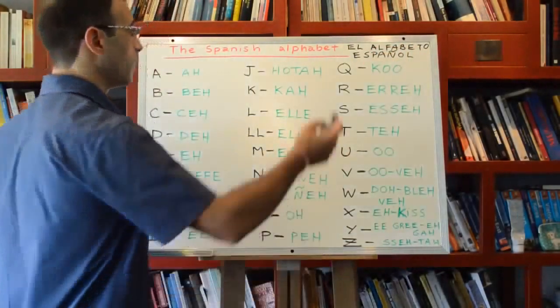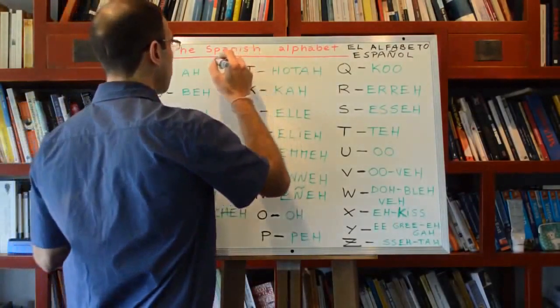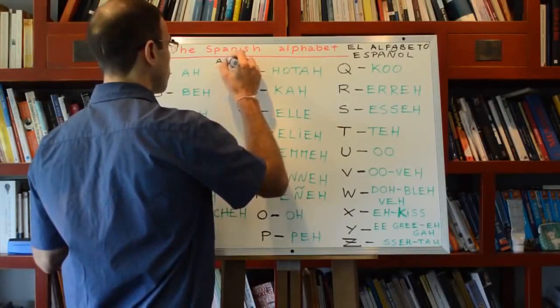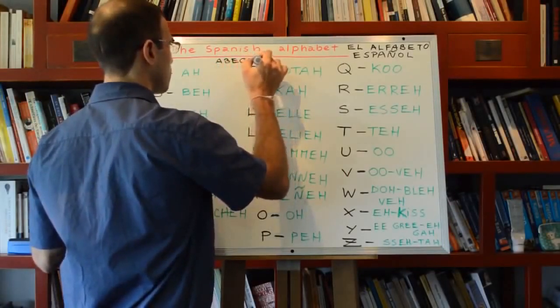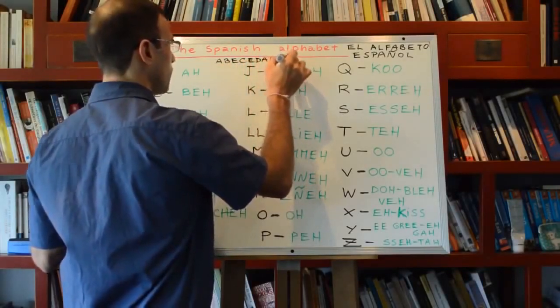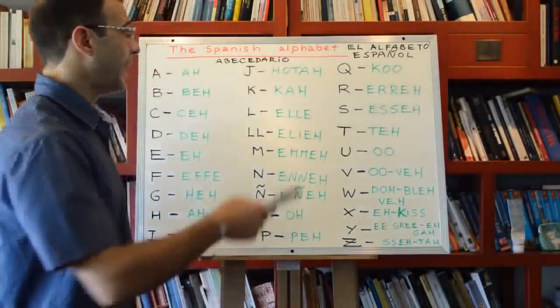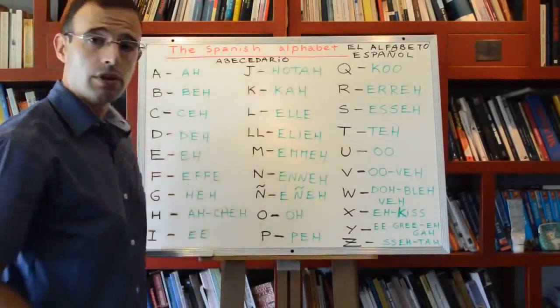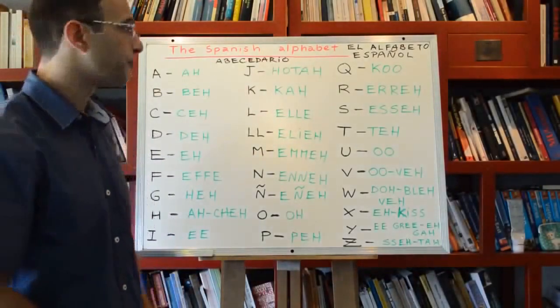Or instead of alfabeto, we can also use the word abecedario. Both words are as correct. El abecedario español or el alfabeto español, okay?